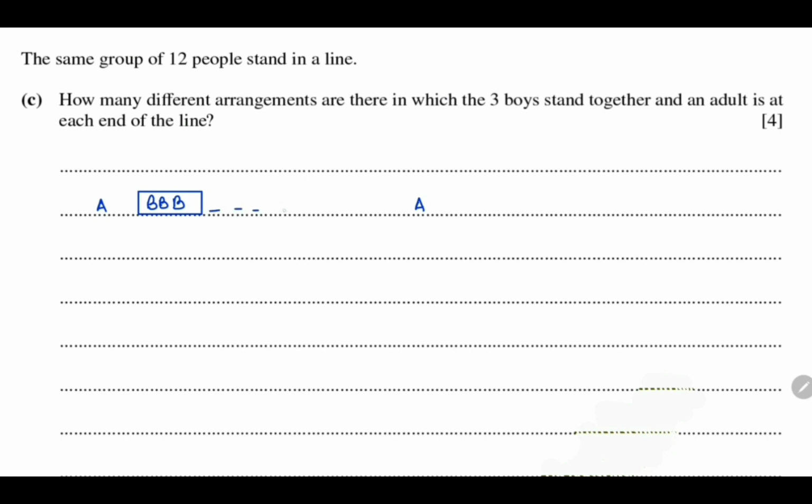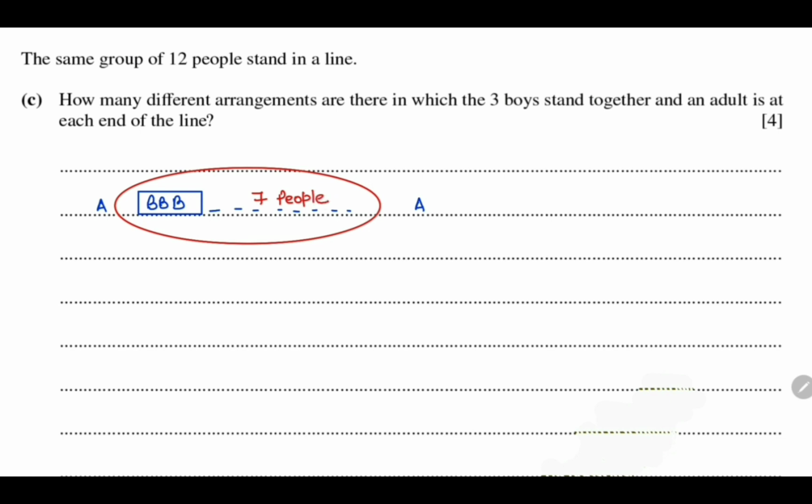The total number of people in the group is 12. If 2 adults stand at the extreme ends, we have 10 people in the middle: 3 boys and the remaining 7 other people.